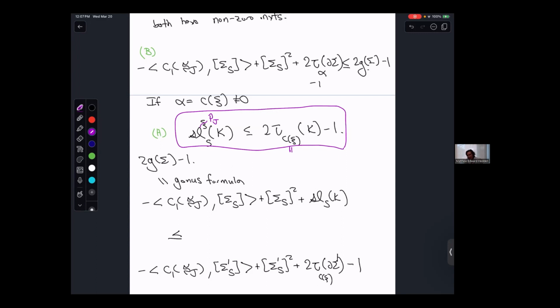This argument gives a proof that self-linking numbers of transversals to a taut foliation satisfy an analog of the Bennequin bound. Even in Thurston's original paper, he shows that taut foliations satisfy an adjunction inequality for closed surfaces, but this is the relative analog for curves transverse to a taut foliation.